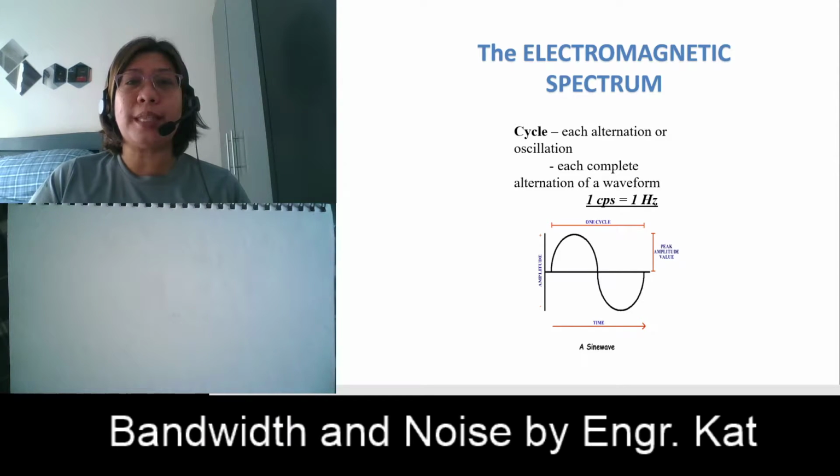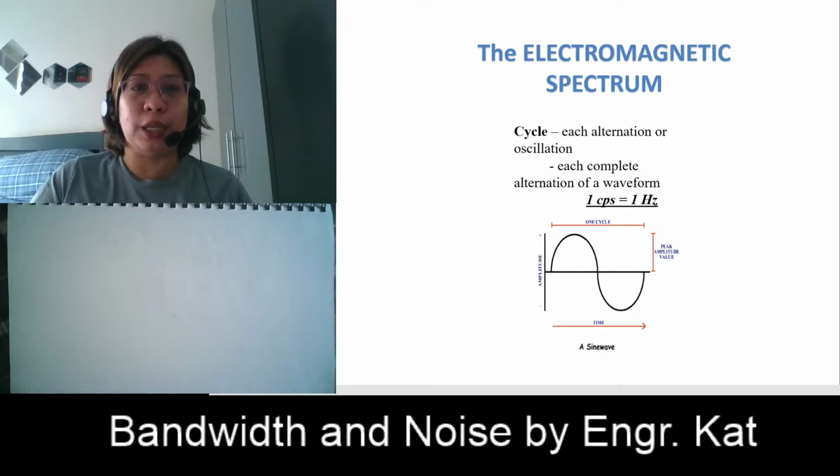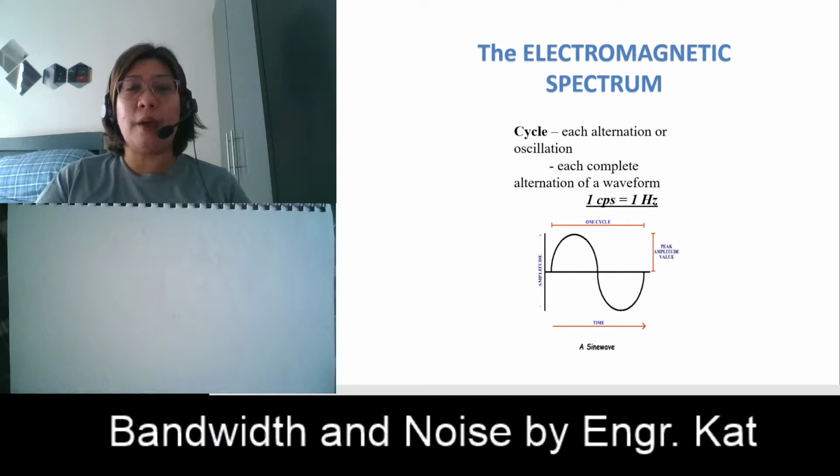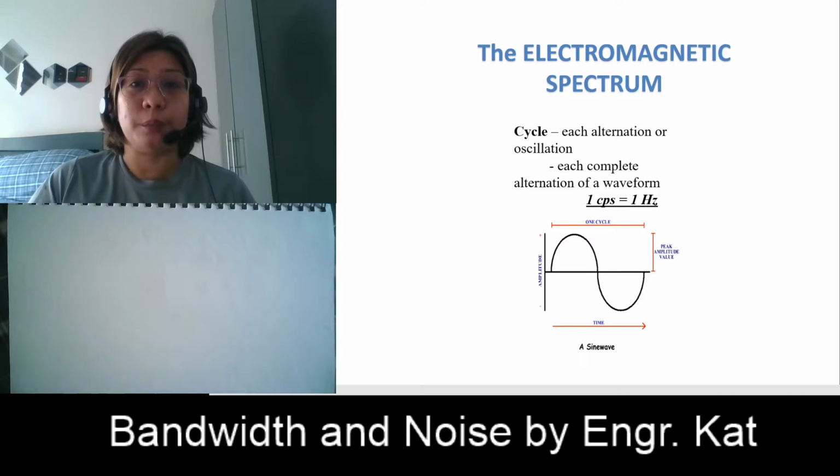One complete cycle is one complete alternation of a waveform. We have a positive half cycle and a negative half cycle. One positive and one negative make a cycle, or a complete waveform. One cycle per second is equivalent to 1 hertz.